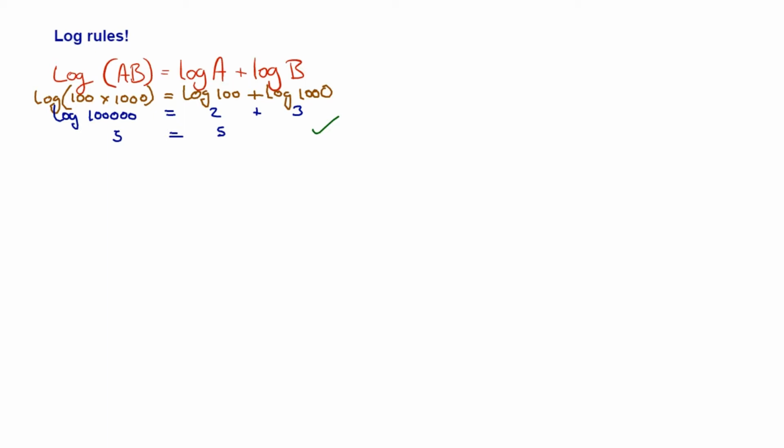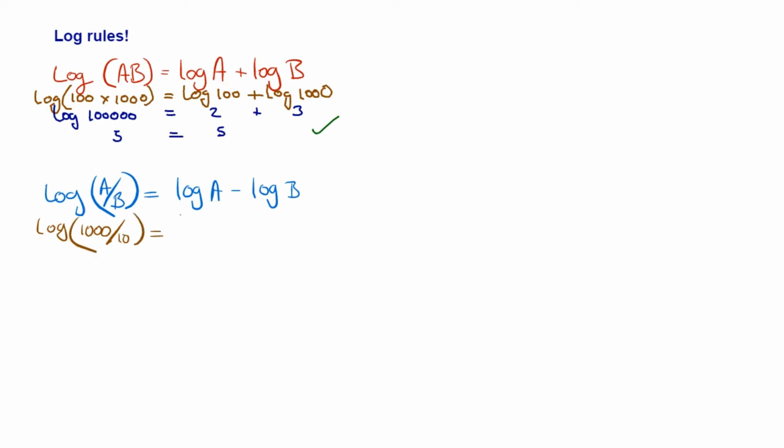The next rule is very, very similar: the log of a divided by b is the log of a minus the log of b. That is similarly intuitive, actually. Let's just do some numbers there. Let's say this time A was 1,000 and B was 10. So the log of 1,000 divided by 10.